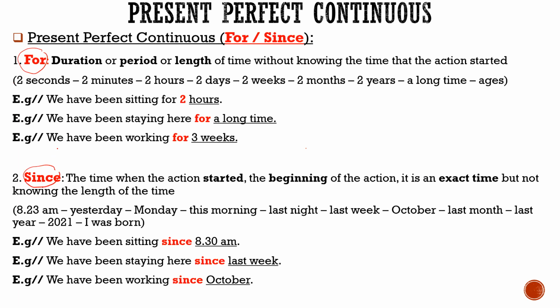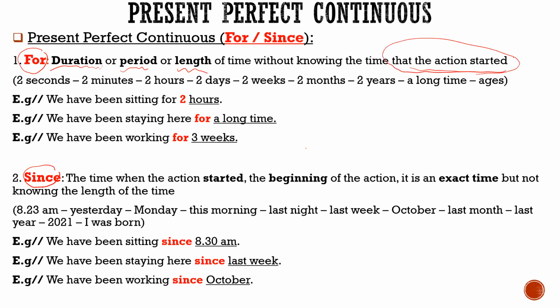When do we use for? Use for duration or period or length of time without knowing the time that the action started. Okay. For example, I have been reading for 2 hours. For how long? 2 hours. In saying for 2 hours, I only say the duration, period, or length. I don't know when it started.